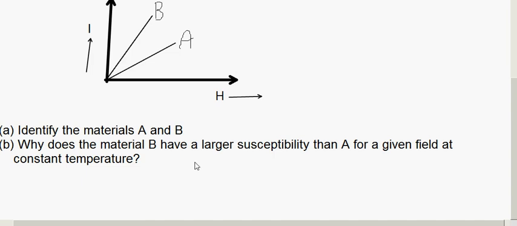Here the I versus H curve is given, and we know that the slope, I by H, gives the magnetic susceptibility.